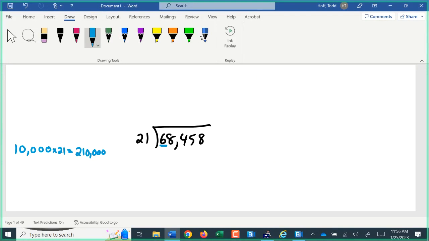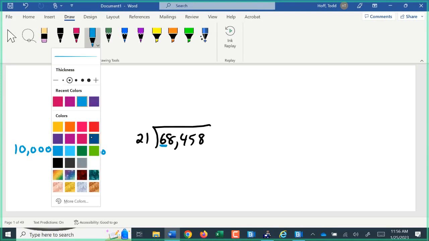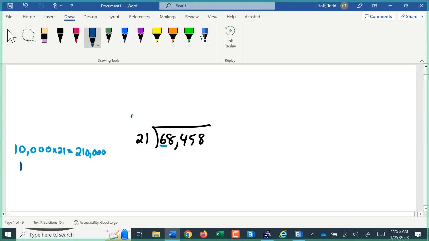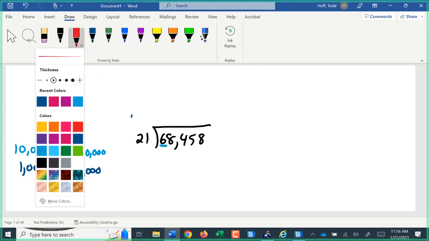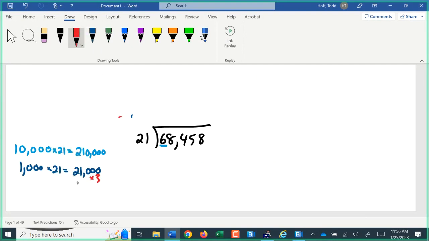That's too big. We cannot subtract that. So we'll move to the next place value, the thousands place. 1,000 times 21 is 21,000. We can subtract that. In fact, we can subtract it 3 times. 21,000 times 3 is 63,000.